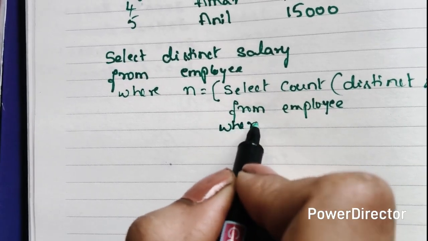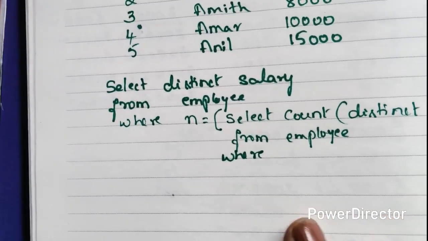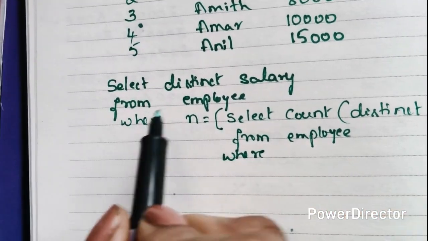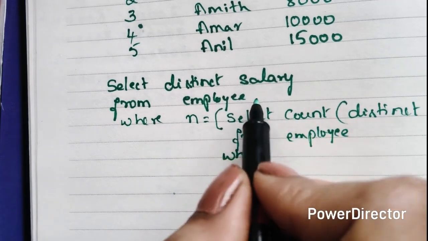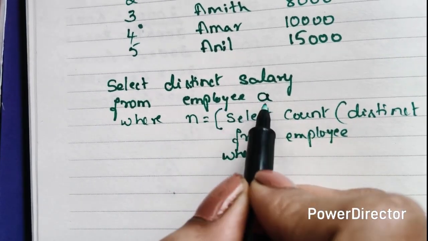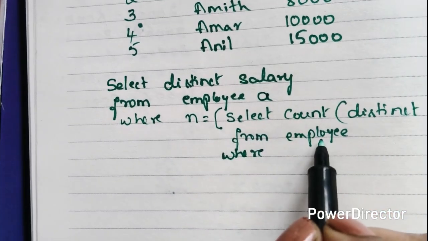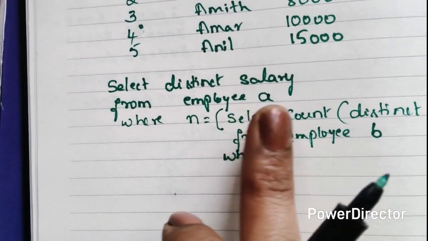where, now the actual condition will come here. So I am taking distinct salary, the outer query table I will make as alias A, employee as A, and this employee as B. I will take the same table, I am taking it twice.